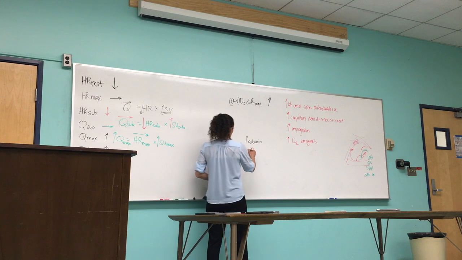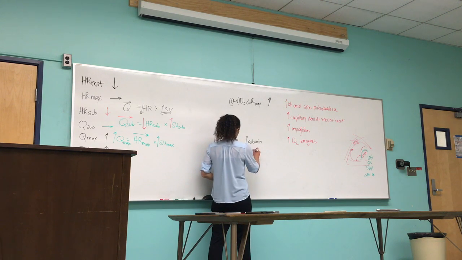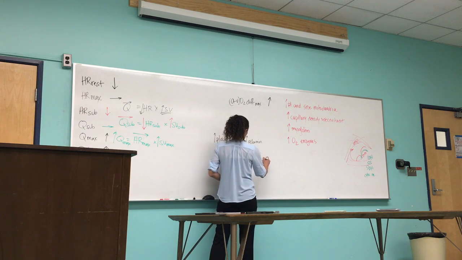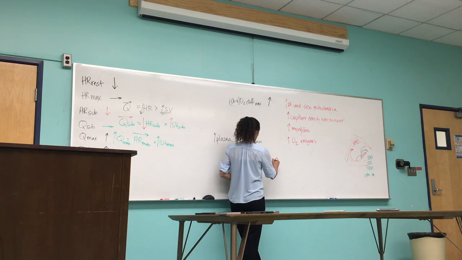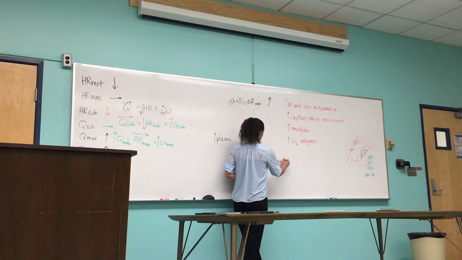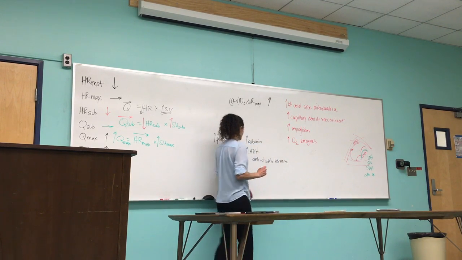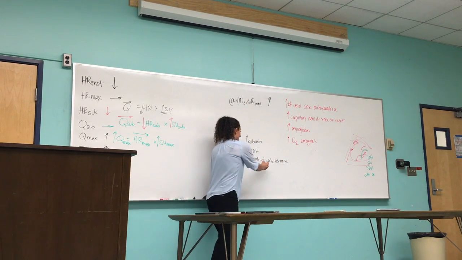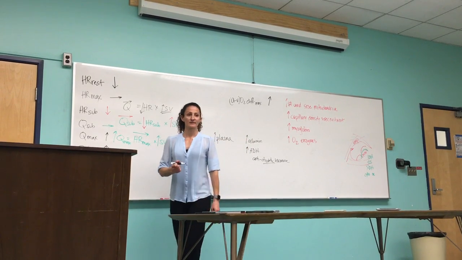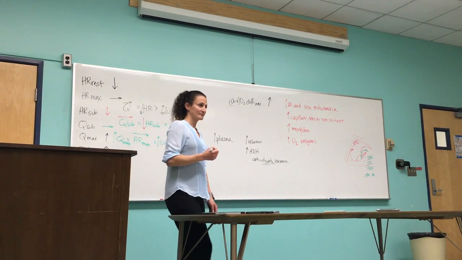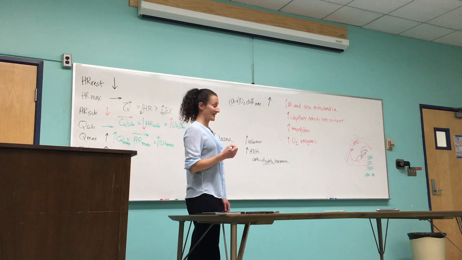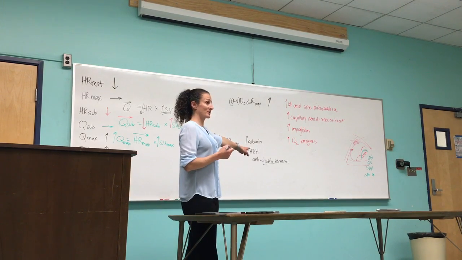The next thing that will happen is you will get an increase in ADH, which stands for antidiuretic hormone. What's a diuretic? It makes you pee a lot more. Yes, a diuretic increases urine production.